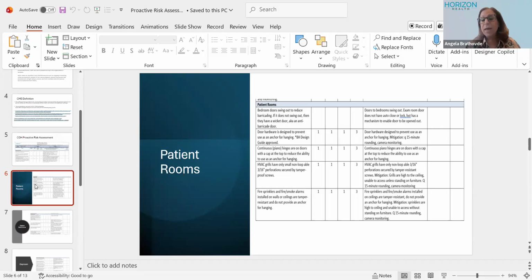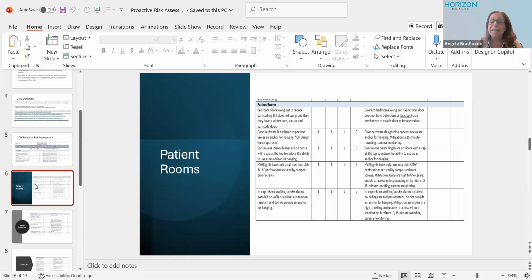We also look at the HVAC grills that are either in the ceiling or on the floor or maybe along the wall. Your HVAC grills have very small, non-loopable perforations because even shoelaces or dental floss that can be smuggled in could be used as a ligature risk.